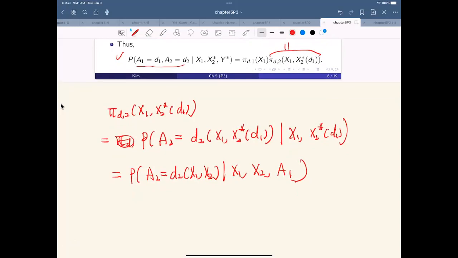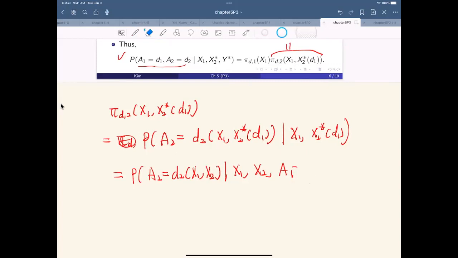Is X2 star D1 the potential outcome of X given a decision D1 that I already know I'm taking, or is it under any decision made at D1? Given D1. I should write it D1. So it's for a specific decision, but it's not saying for any decision made at time step one.